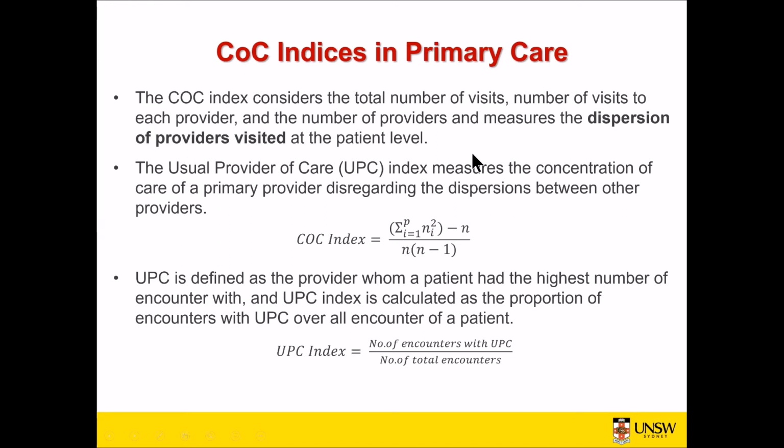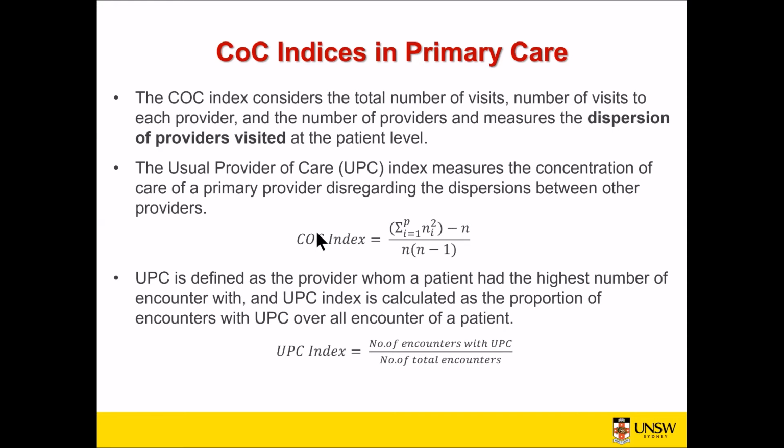Okay. So just to start again, primarily for this project, we are actually measuring only the longitudinal continuity, and there are several indices or different measures that we can use to measure the continuity of care. And we picked two of the most common and applicable to our data set. One is the Bice-Boxman continuity of care index, which is the first equation, and that measures the dispersion of providers visited at the patient's level.